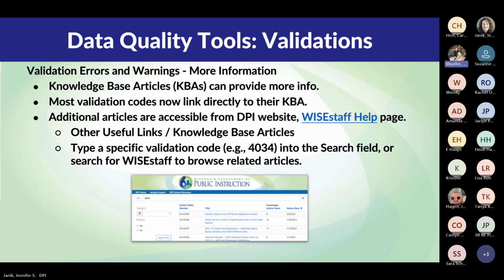You can also find them on our DPI website. If you go to the DPI website, just search for WISEstaff help and then scroll down to other useful links, and you can see the knowledge base article link there. If you click that, you can type in the code on that page, and it will bring up the code itself.